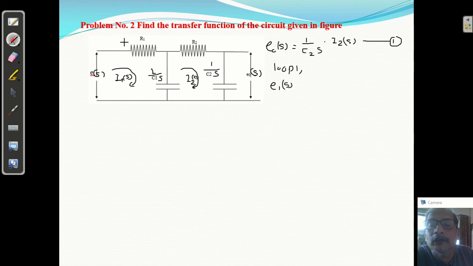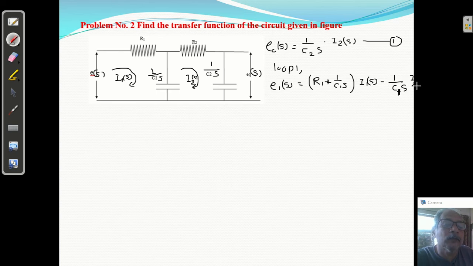Current I1 is flowing in this loop, so it equals (R1 plus 1 upon C1 S) into I1 of S, minus 1 upon C1 S into I2 of S. This is I2.